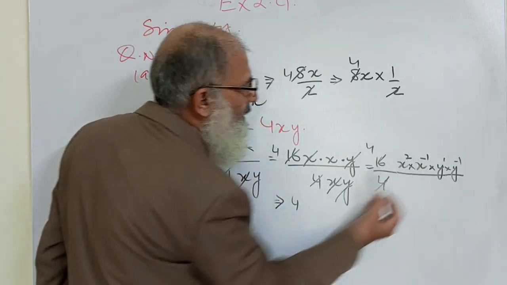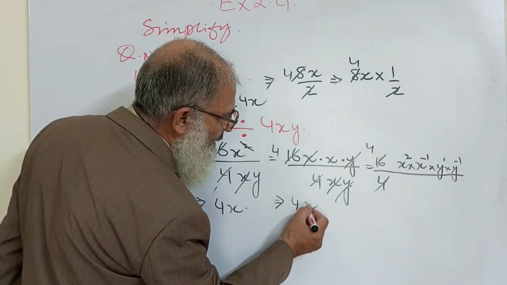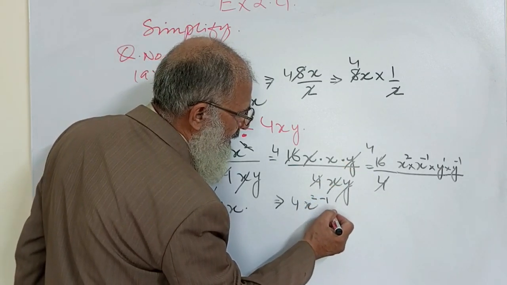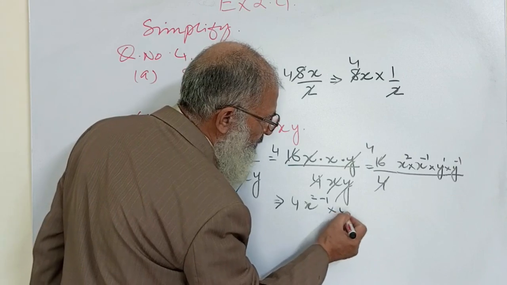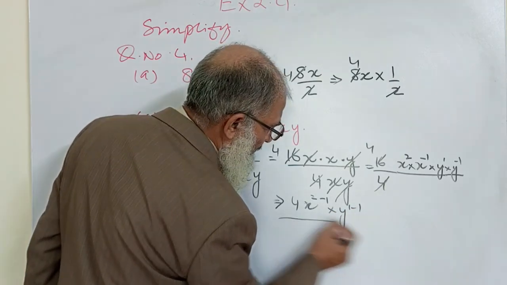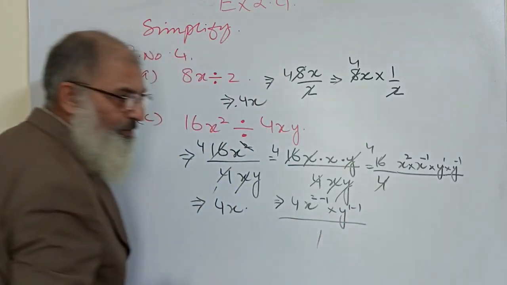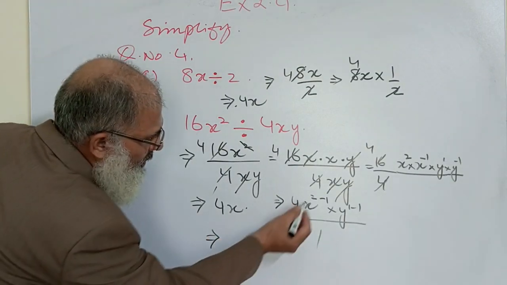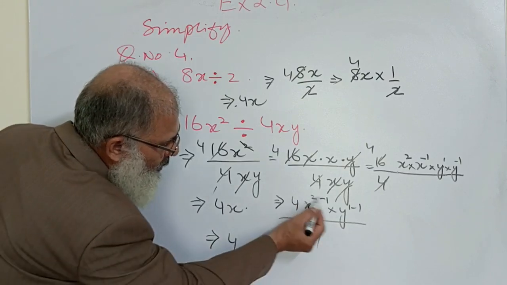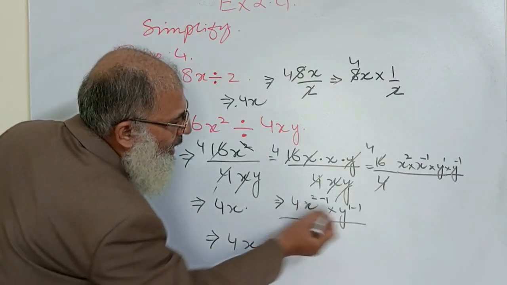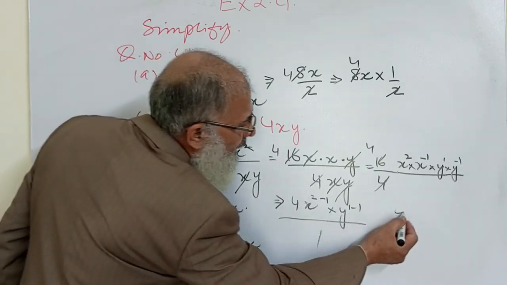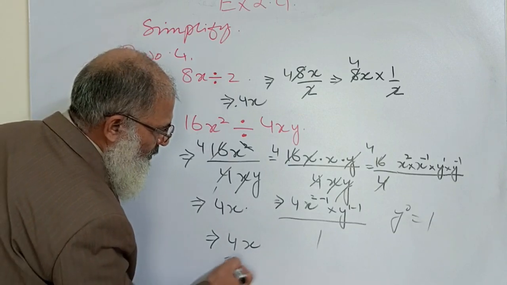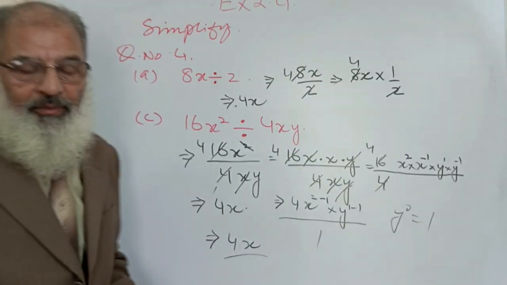Since it is minus 1 and this is 2, it will become x to the power 2 minus 1, and similarly for y, 1 minus 1, which is y to the power 0, and anything raised to power 0 is 1. So the remaining answer is this.